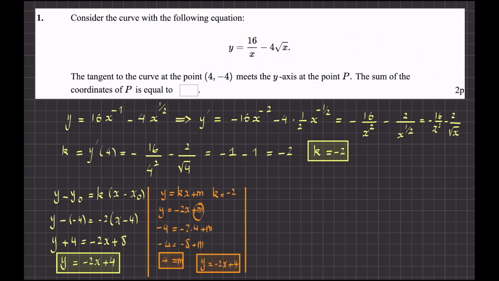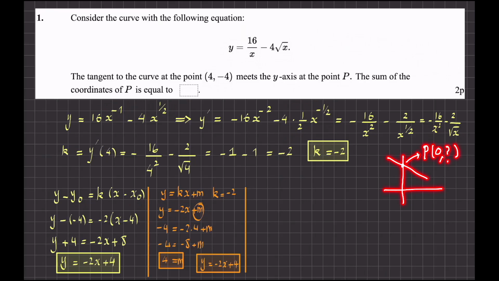The problem tells you that this tangent meets the y-axis at point P. We want to find the sum of the coordinates of point P. Okay, so if you have a point P on the y-axis, the x-coordinate is of course 0 because it is on the y-axis, and I want to find the y-coordinate.